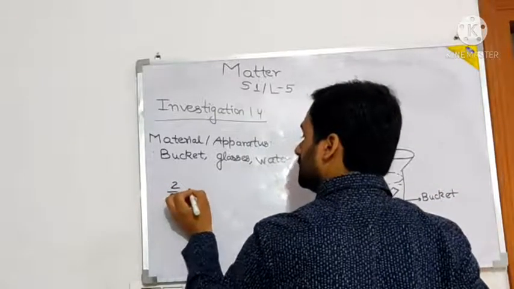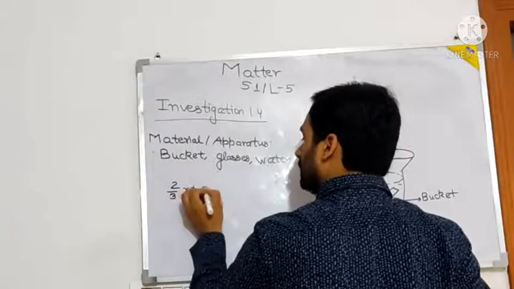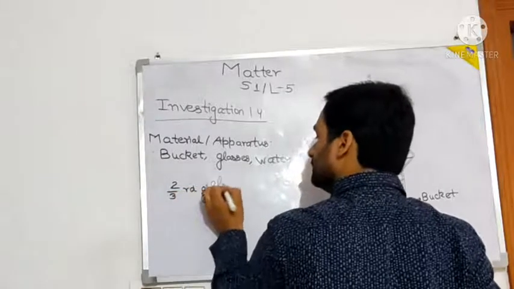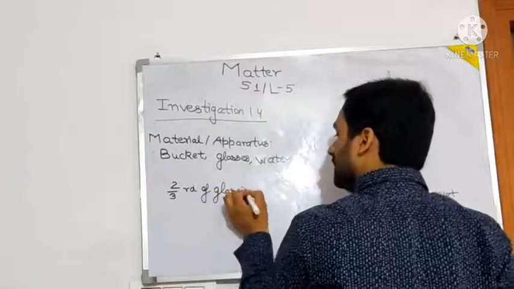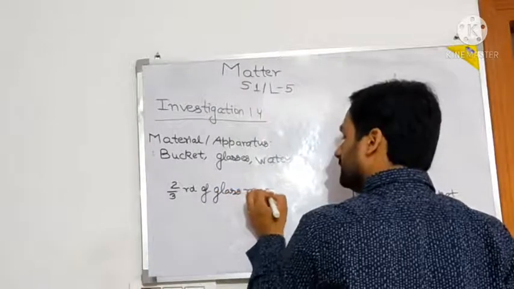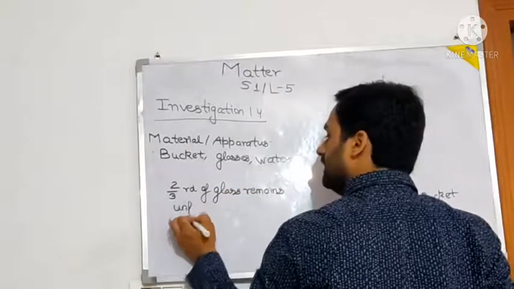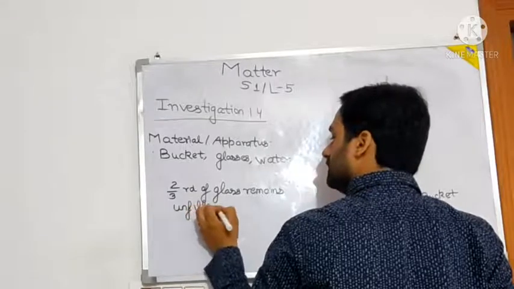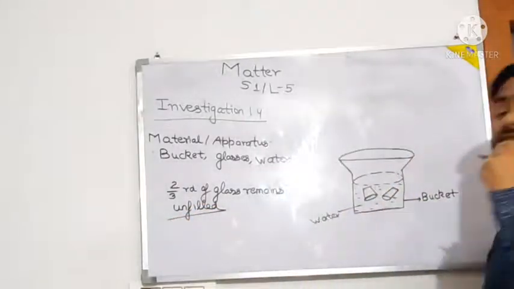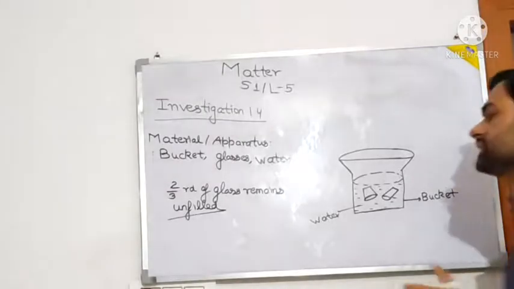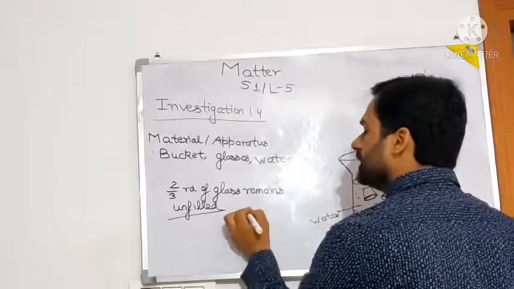So 2/3 of the glass remains unfilled. What is the meaning of this? That means because there is already air. Can we say if nothing is there, already air is there in this one?